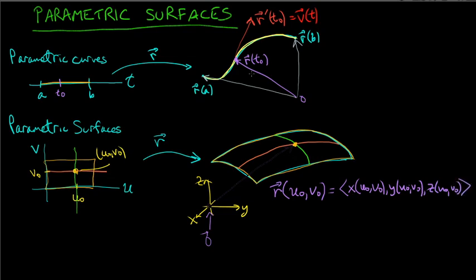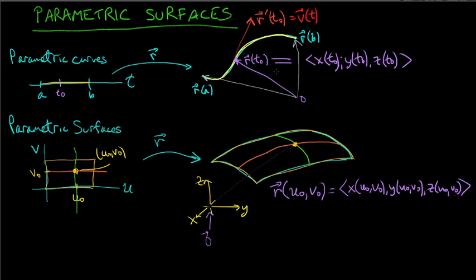So it's a vector. Same thing for a curve: you had your three components, we just called them x, y, and z, but those only depended on one parameter, the t, the t0. So three components, x, y, and z, because this is a surface in space.